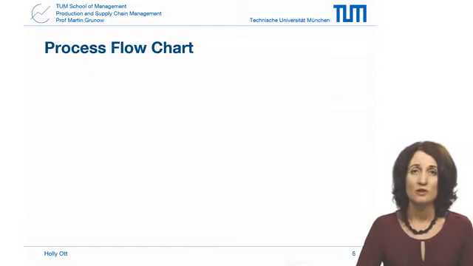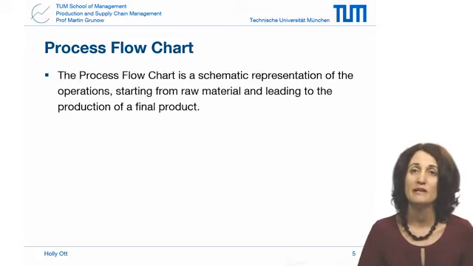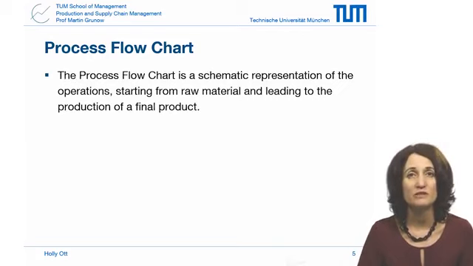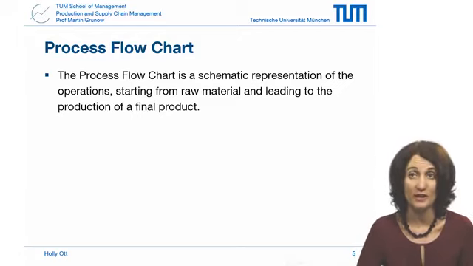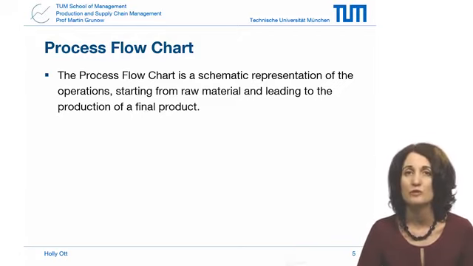A process flow chart is a schematic representation of the operations or activities, starting from raw material and leading to the production of the final product. The process flow chart is an important planning document used by, for example, manufacturing engineers when they're selecting appropriate machinery, appropriate methods, and appropriate measurement tools.